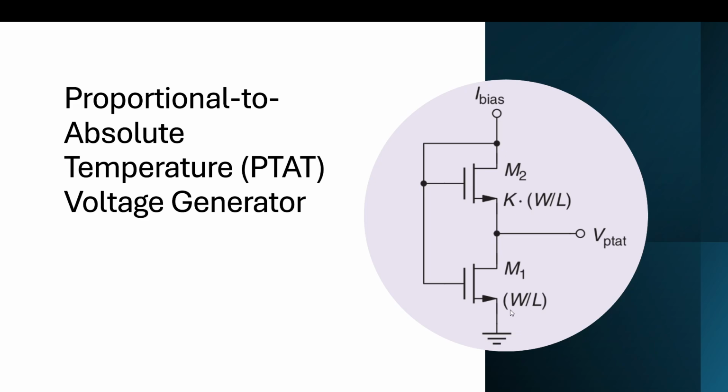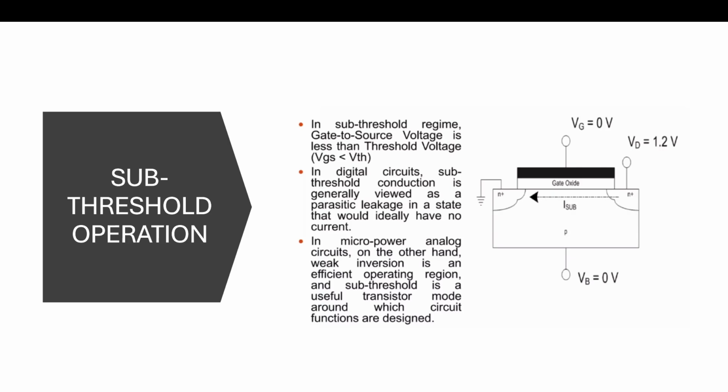If I go through the circuit operation, before that, this circuit is actually intended to operate in a sub-threshold region. So if we go through a little bit of the device part, what is the sub-threshold region basically? You have a MOSFET, and normally in digital, what you know is that your MOSFET is working after VGS greater than VTH.